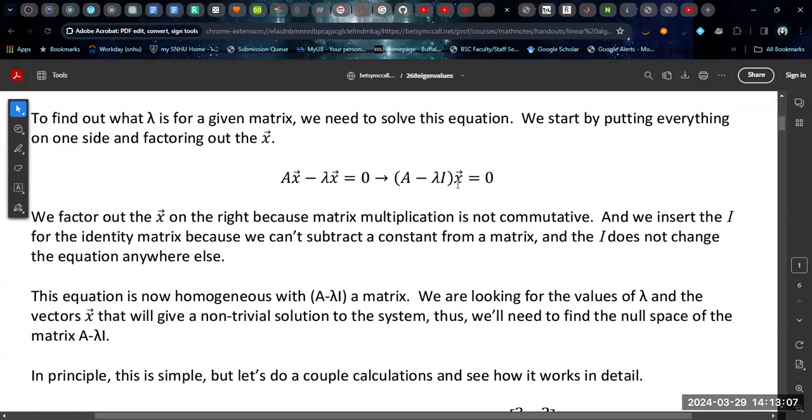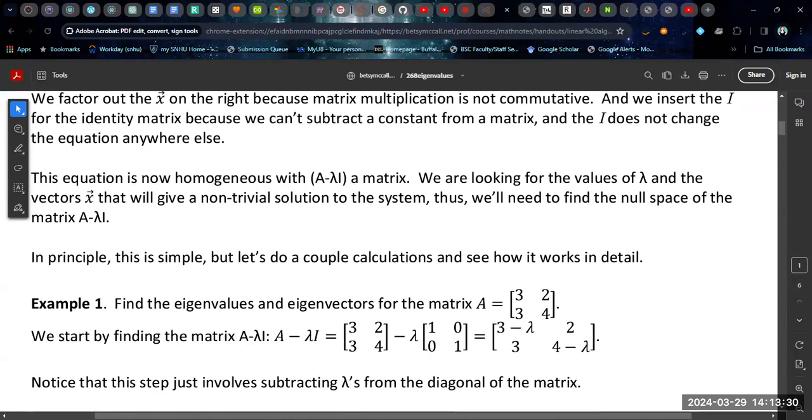If you're only getting the zero or trivial solution to the system, then you've made an arithmetic mistake someplace. You'll either get a real solution or a complex solution, but you will have to get a solution that is non-zero to this system.